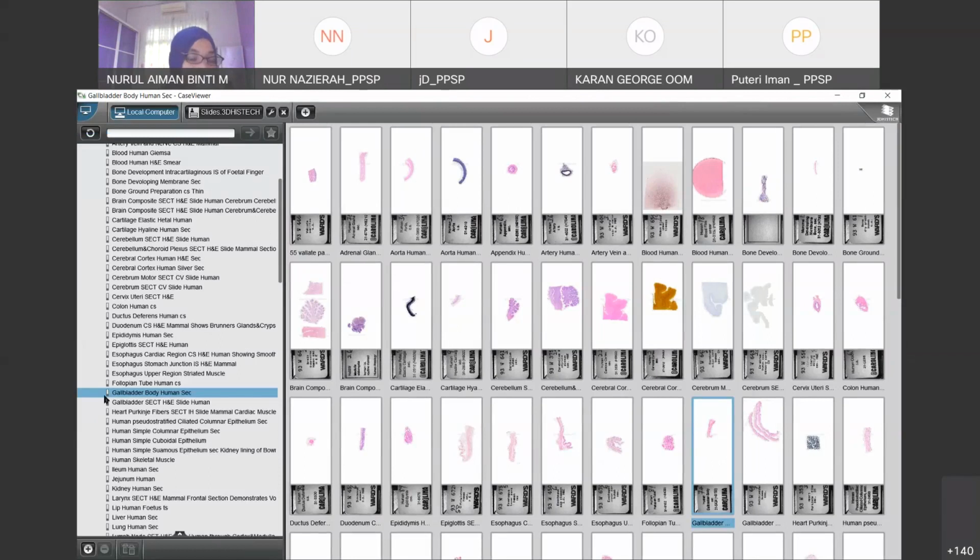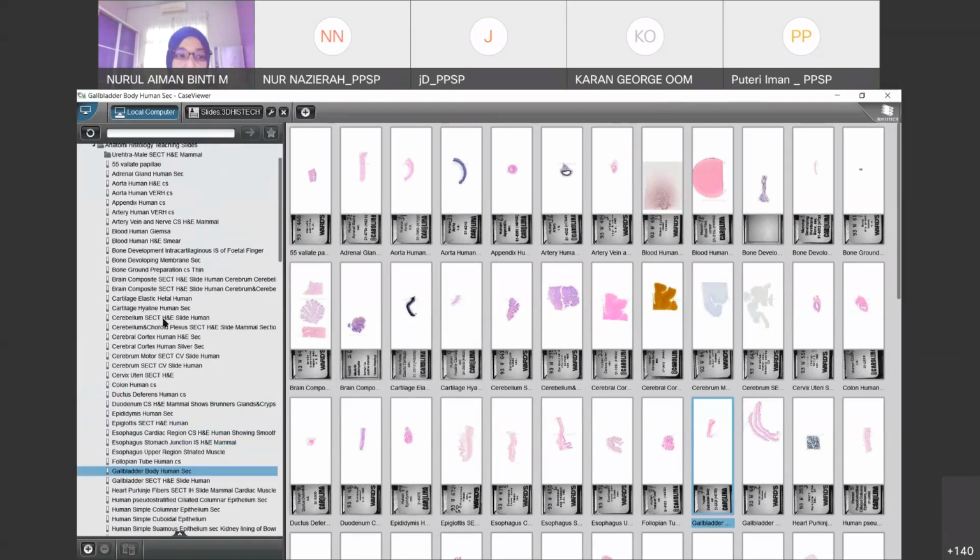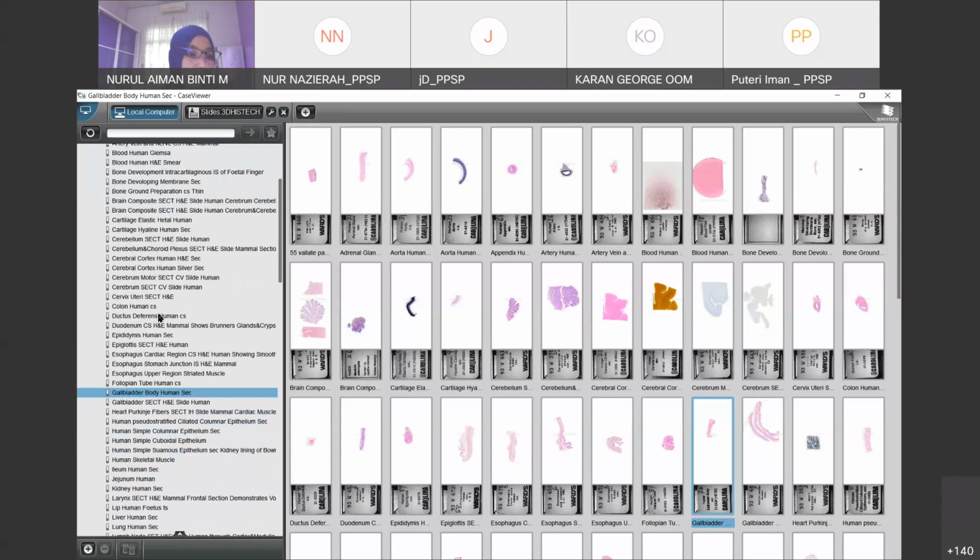Alright, we go to what else? You have seen the simple columnar, simple cuboidal, simple squamous. Now for pseudo-stratification, it is still simple columnar, but it looks like there is stratification, so it is known as pseudo-stratified columnar epithelium.